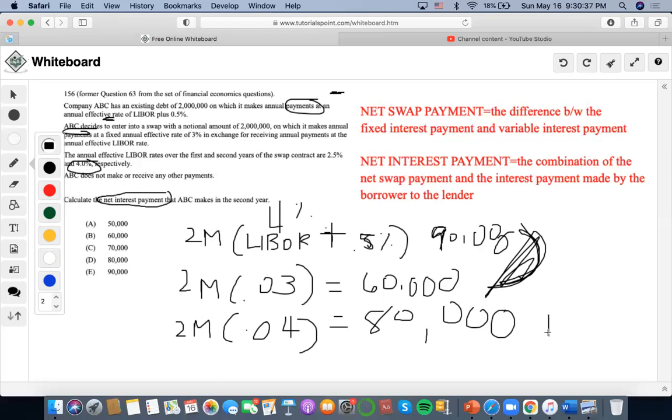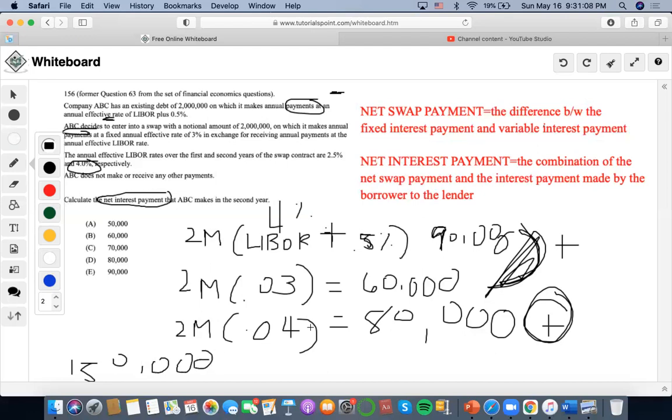So this is going to be an inflow, right? And again, we'll go back to the definition: net interest payment is the combination of the net swap payment and the interest payment made by the borrower to the lender. So we take the outflows or payments of 90,000 plus 60,000, add both of these, and find that together they are worth 150,000.